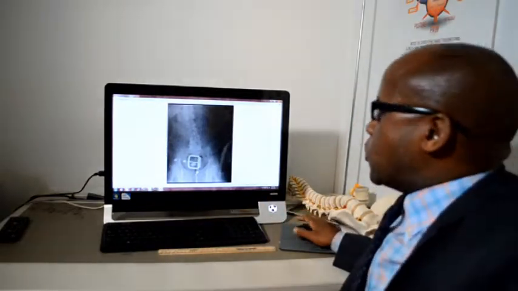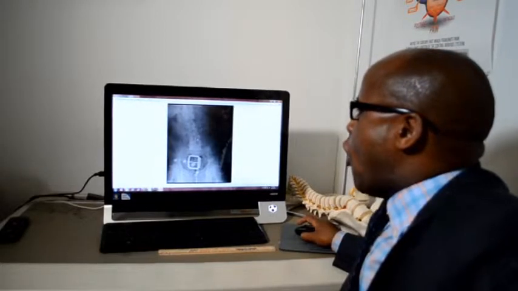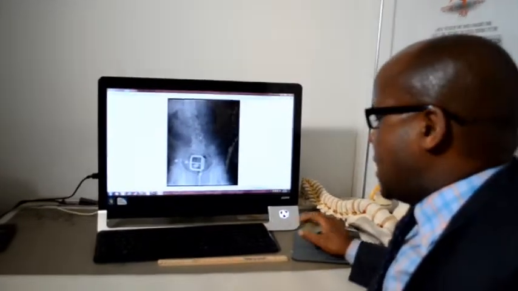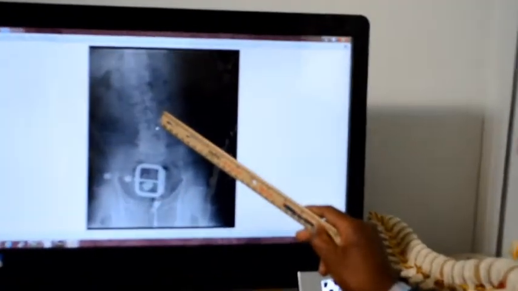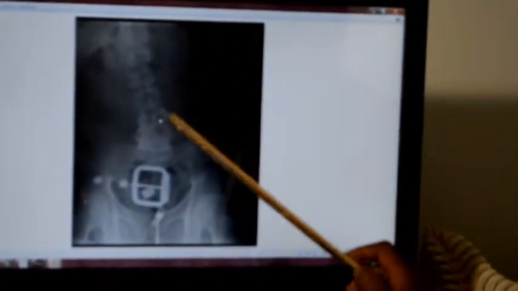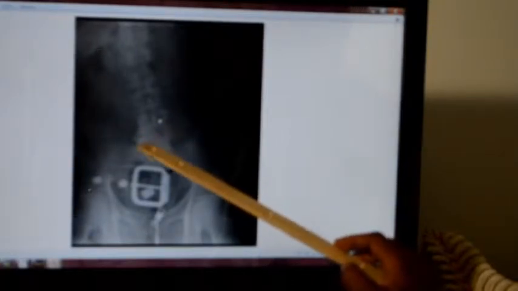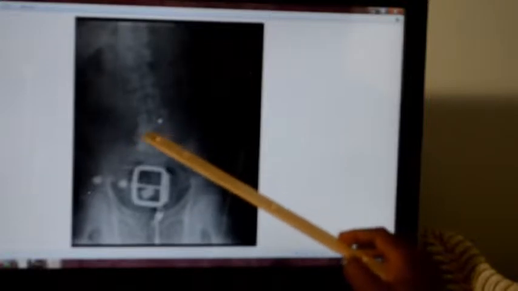What we are finding at the base, between L4 and L5 in the lumbar spine, is definitely, number one, arthritis. There's arthritis set in right in here.